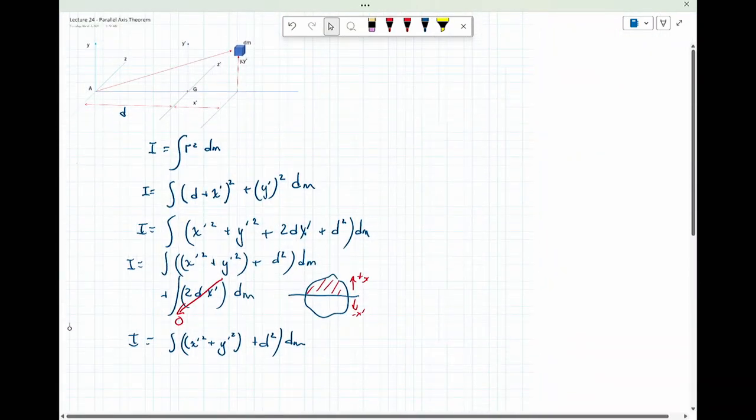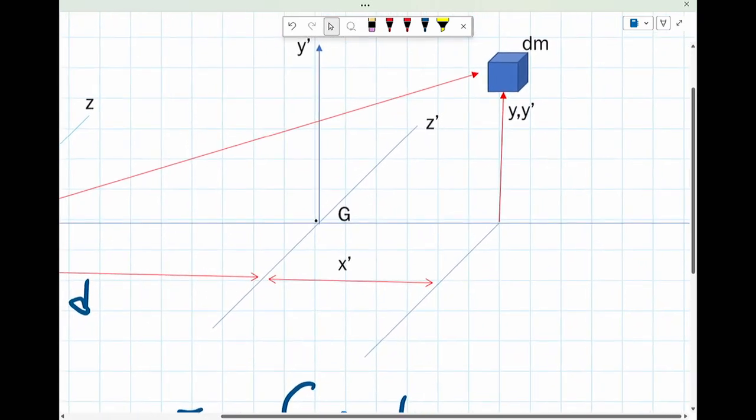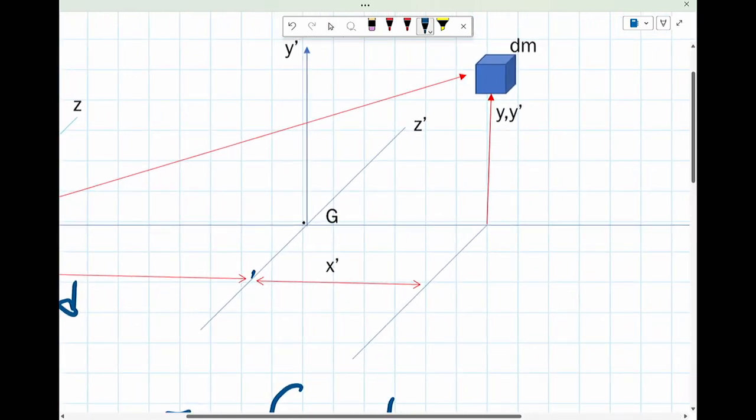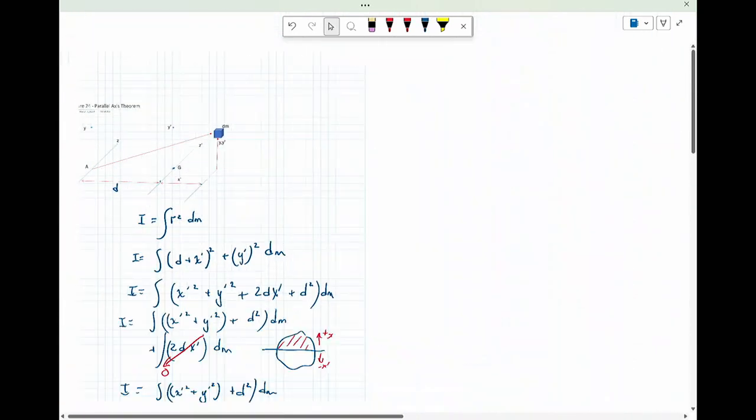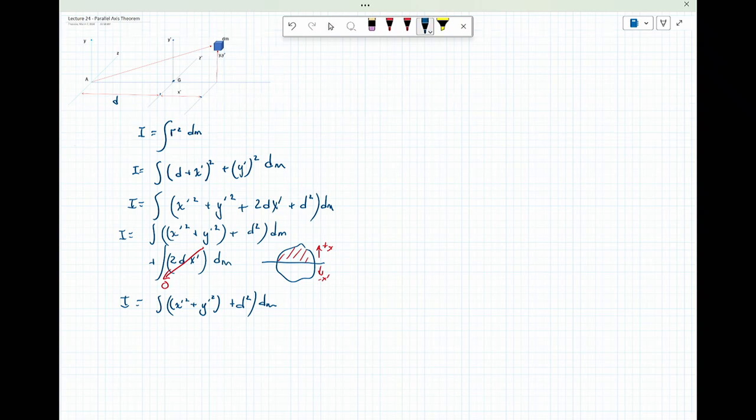Now, the funny thing is that x prime squared plus y prime squared gives me I sub g. So if I reference everything with respect to the center of mass, I can say this point here is r prime squared.